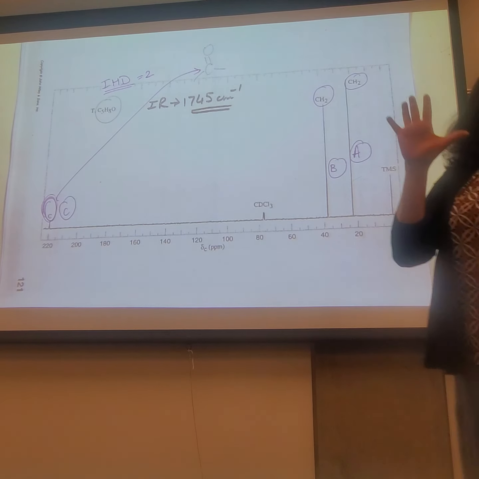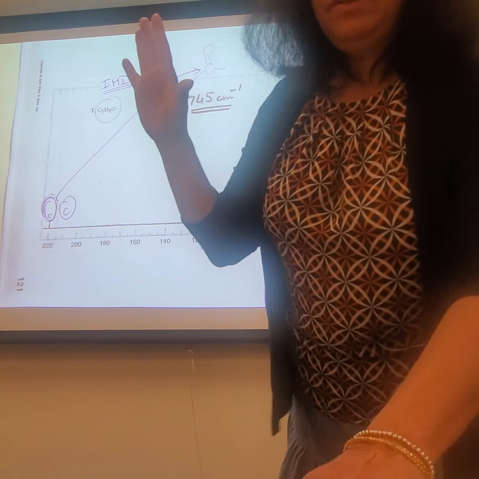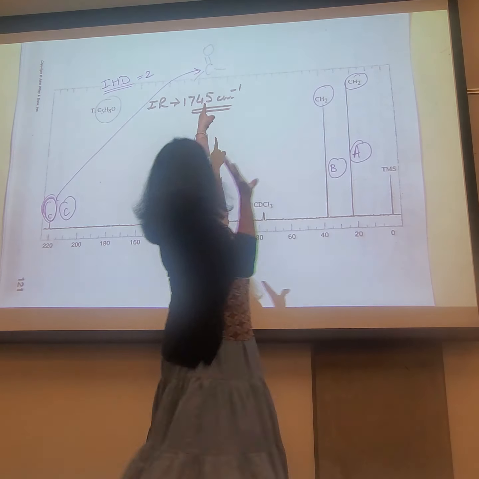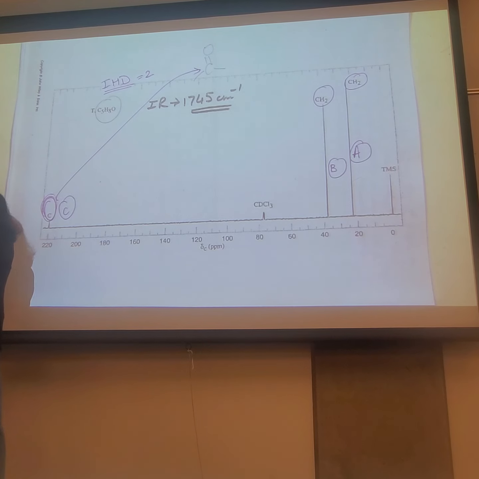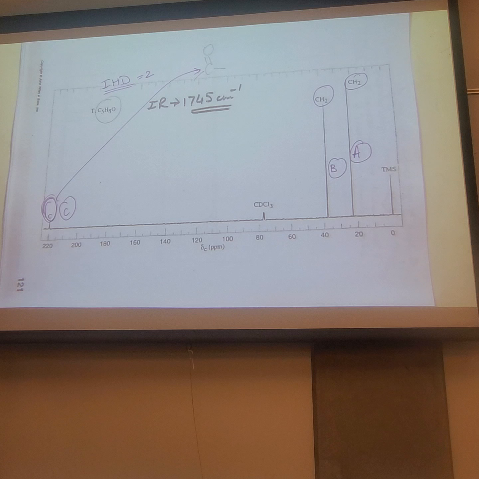There are total 5 carbons, right? 1 carbon is used up there, right? How many left? 4. And how many signals do you see? So what does that say about these 4? Symmetry. Exactly. 2 of them have to be the same, the other 2 have to be the same.